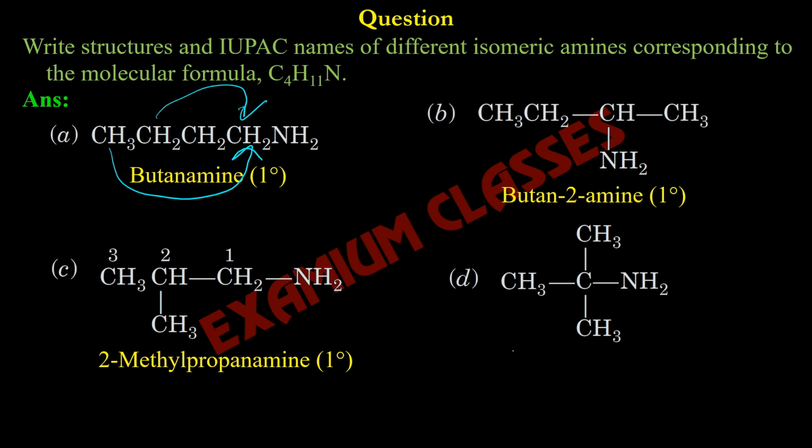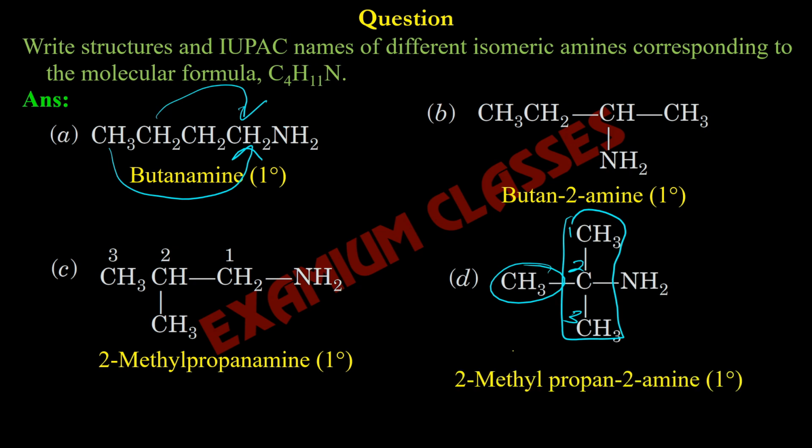Okay, so this is the longest chain of carbons, means it is propan-2-amine, because if you number 1, 2, 3, it will be propan-2-amine, and at second carbon you have a methyl group also, so you will say it is 2-methyl propan-2-amine.